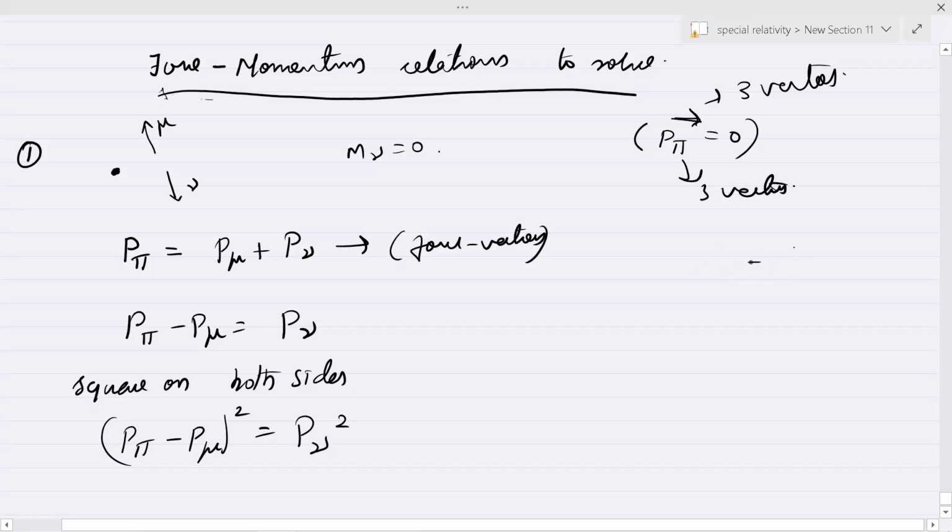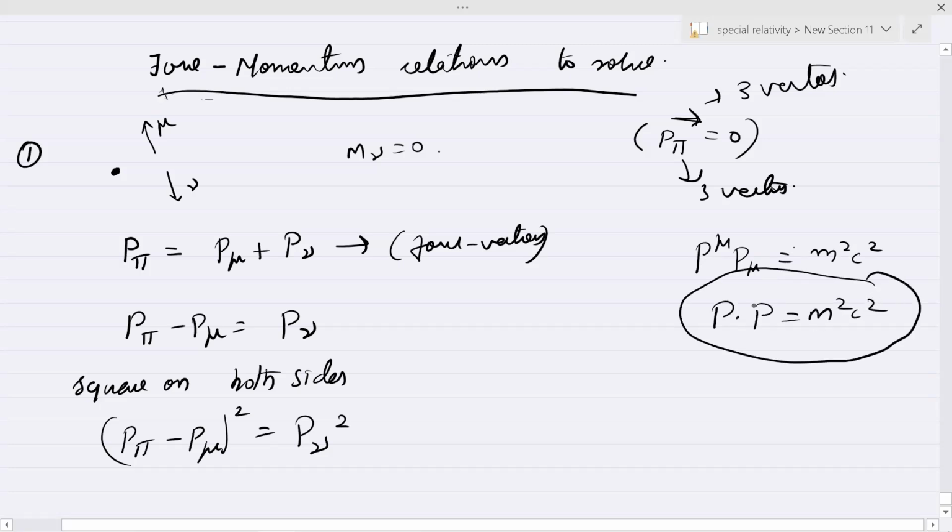Yeah, so you have to remember this important thing, the 4 momentum square. We wrote it as p mu, remember? 4 momentum square is equal to m square c square. P dot p is equal to m square c square. This was the invariant relation that we wrote earlier. We found it in one of the previous classes. This is important to remember. So this nu is not an index.